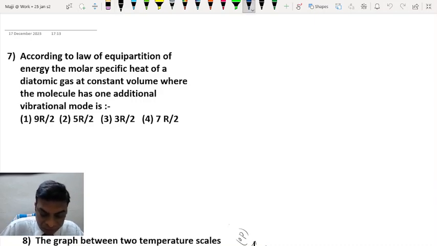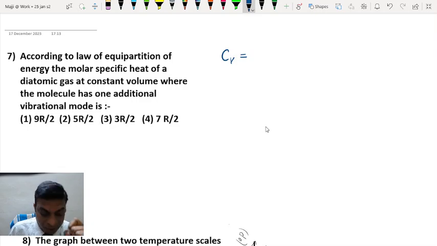Now students, this is very simple and straightforward. The molar heat capacity of a gas at constant volume is nothing but the amount of energy required to raise the temperature of 1 mole of the gas through 1 Kelvin.